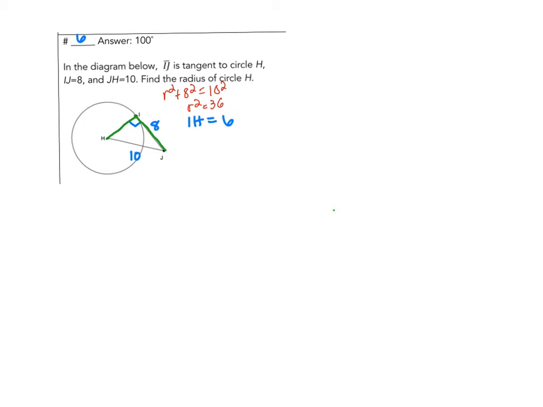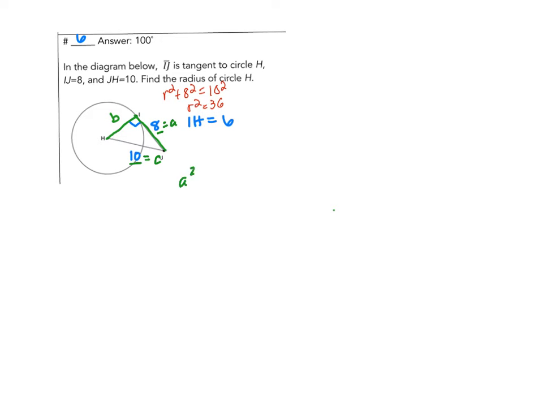So we know that we have a right triangle. And then they gave us two of the sides. They said IJ was 8, and they said that JH was 10. So if we think of this as a right triangle, I could say that this side I'm looking for is, say, B, and I could let 8 be my A, and 10 has to be C because 10's across from the right angle.